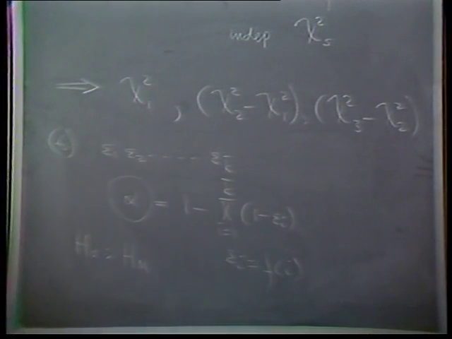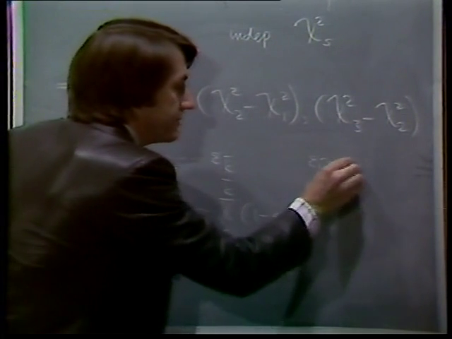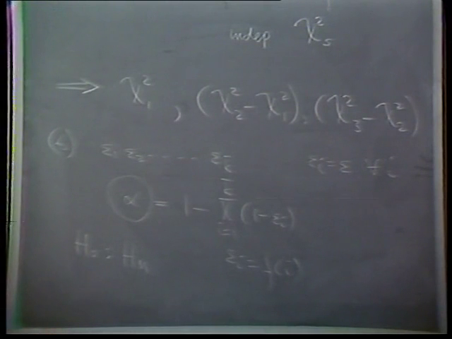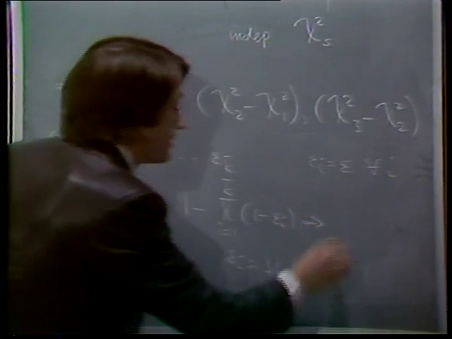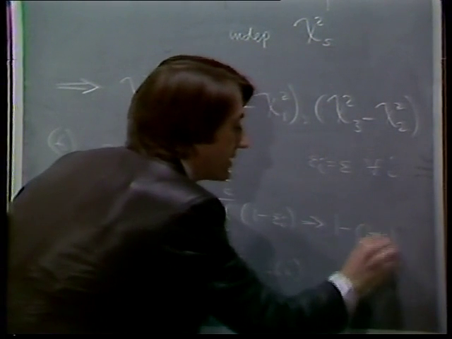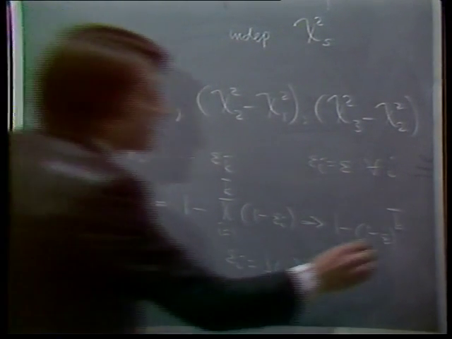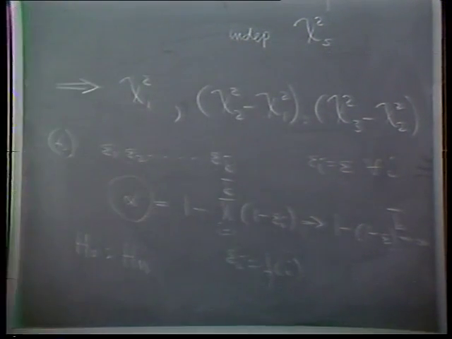The simplest thing to do is to assume that all the epsilons are in fact the same. So every test in the sequence will be done at the same significance level. We can then substitute in here 1 minus epsilon to the power k bar and solve that, when we fix alpha at some particular level, for epsilon.